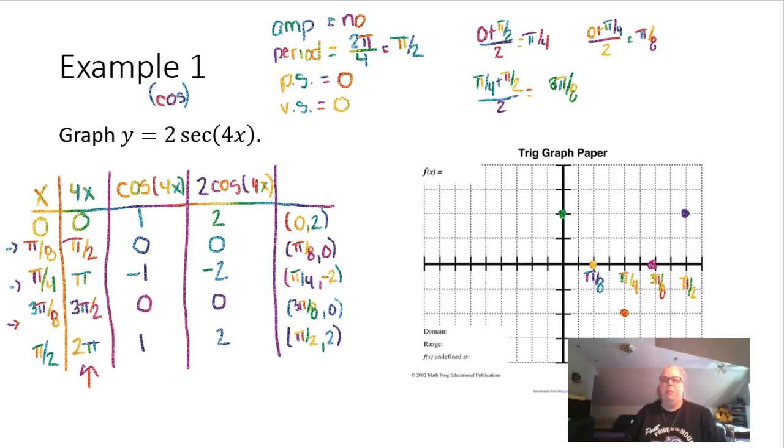Now this is enough information for me to put in my cosine curve, which is technically not part of the graph, so I'm actually going to do this in dotted lines. But it is going to help me shape my secant curve, because right here where the cosine is equal to 0, the secant is going to be undefined.